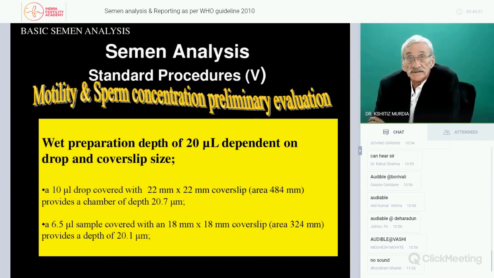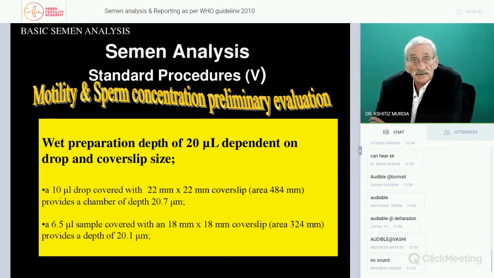If you use, for instance, a 20 microliter drop, or say a 10 microliter droplet, then you cover it with a 22 by 22 millimeter cover slip to ensure an area of 484 square millimeters. It provides a chamber depth of 20 microns. This is our aim. That allows the sperm to go through all the different steps of motion analysis.